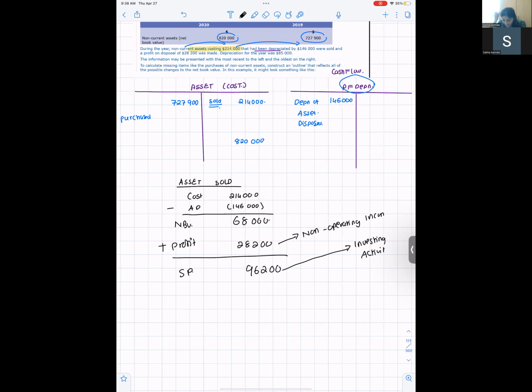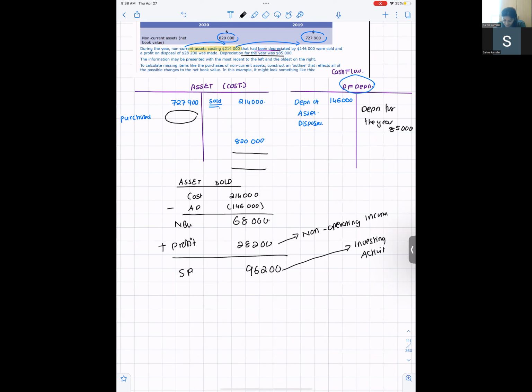So we are finding out the missing information. Depreciation for the year we record over here. Depreciation for the year is 85,000. So now I want to find out the cost of the asset that I have purchased.